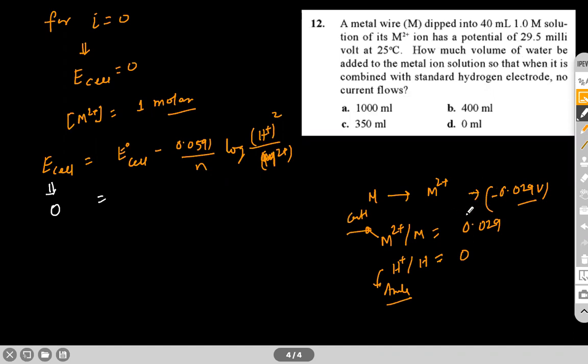Cathode reduction potential we know, it is 0.029 minus 0, minus 0.0591 by 2 log of H plus concentration, which is not given.